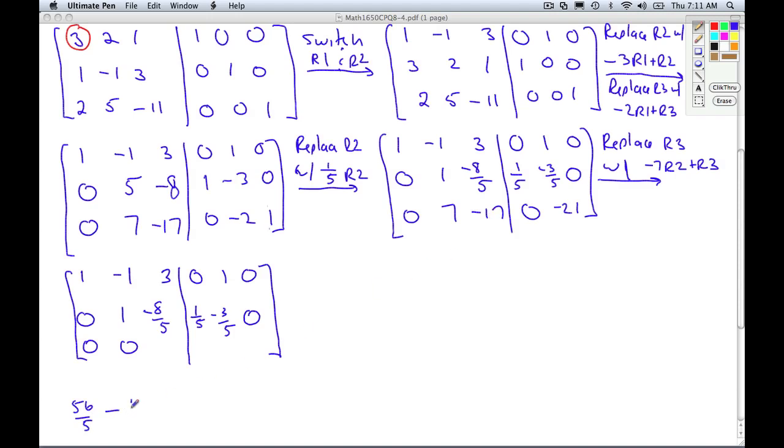So I'm subtracting 17. So that's 56/5 minus, how many fifths is 17? Well, 50 plus 35 is 85. And what's 56 minus 85? Well, 56 and 20 gets me to 76 and 9, so it'd be -29/5.